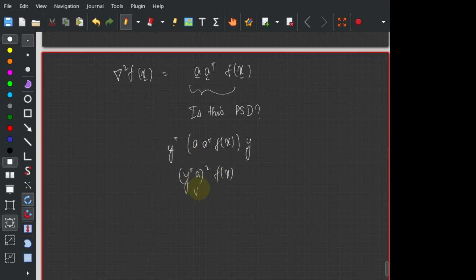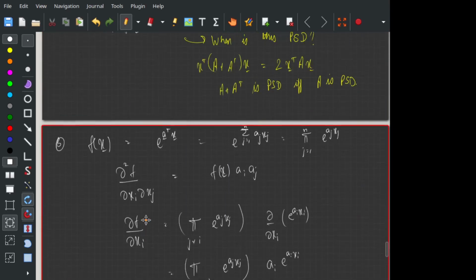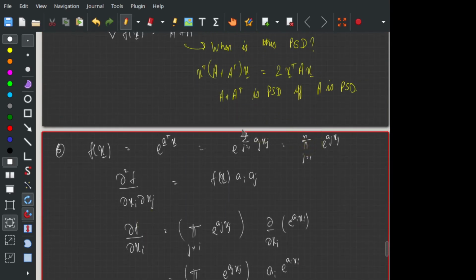We know that this quantity is always greater than or equal to 0. And f of x is also greater than 0, because it's an exponential function. It is always strictly positive for all x.